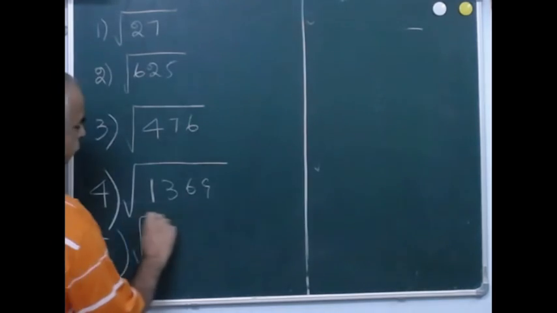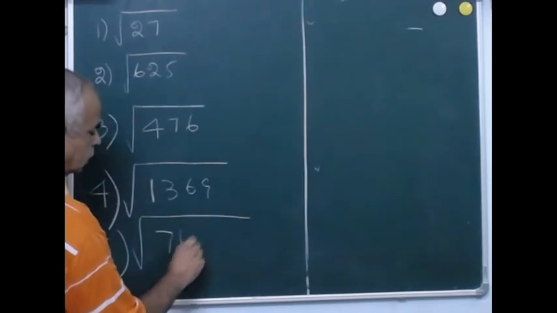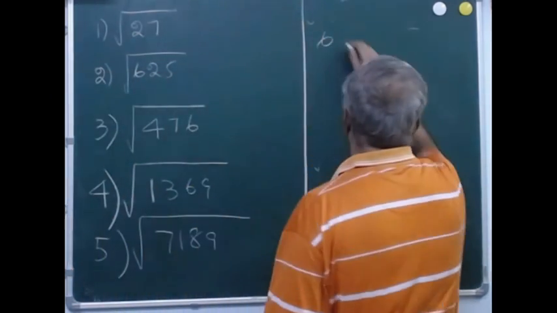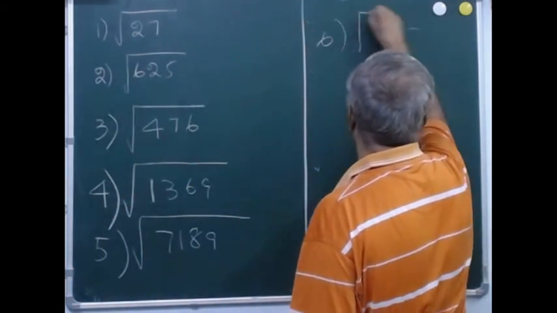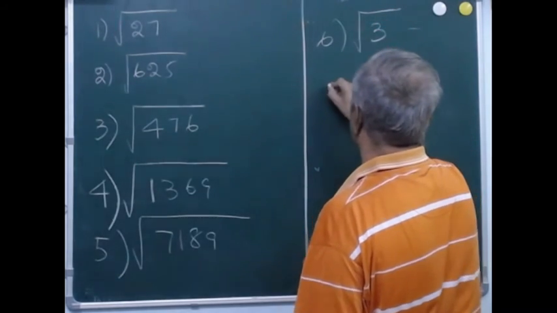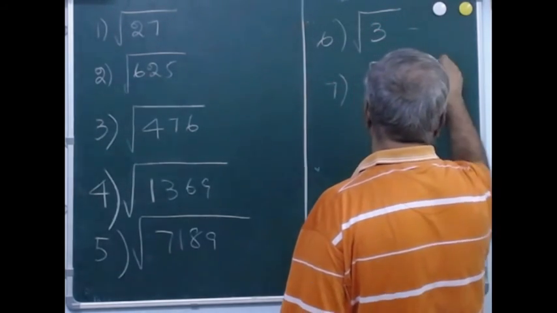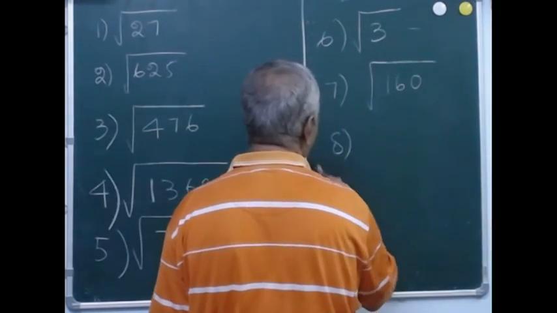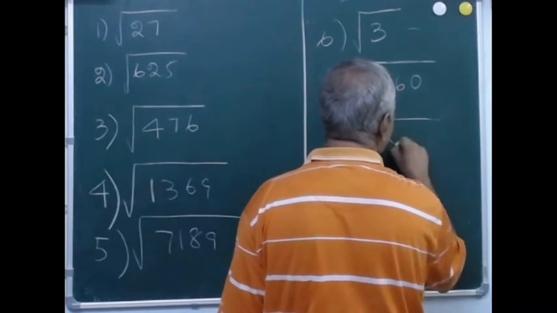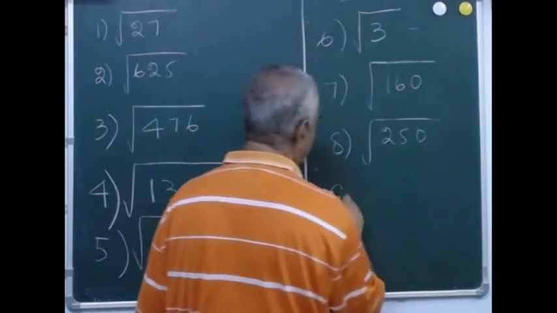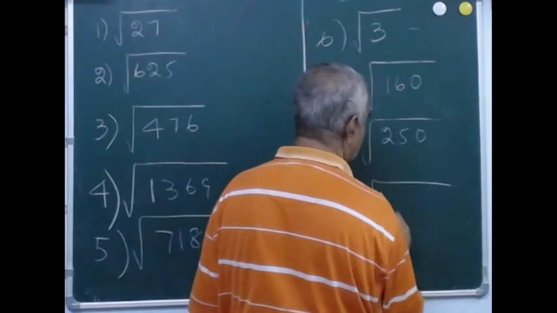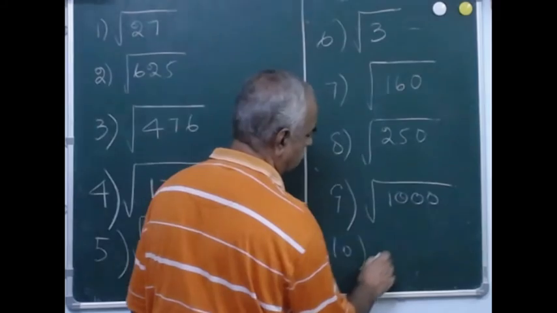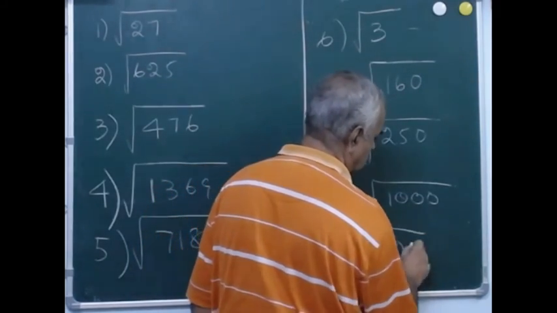Find the square root of 7189. 6. Find the square root of 3. 7. Find the square root of 160. 8. Find the square root of 250. 9. Find the square root of 1000. 10. Find the square root of, very simple, 100.